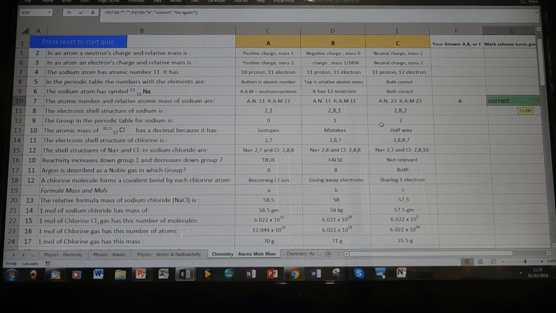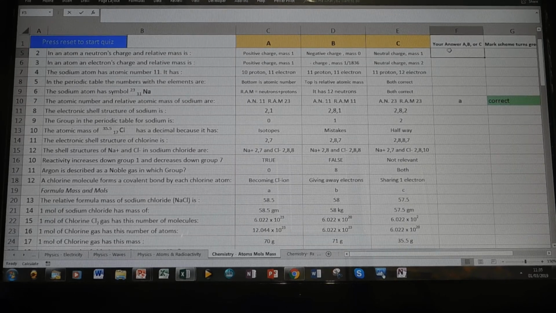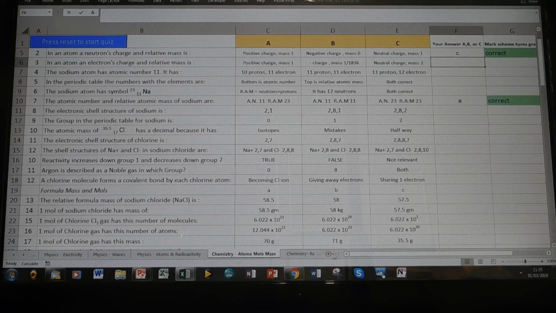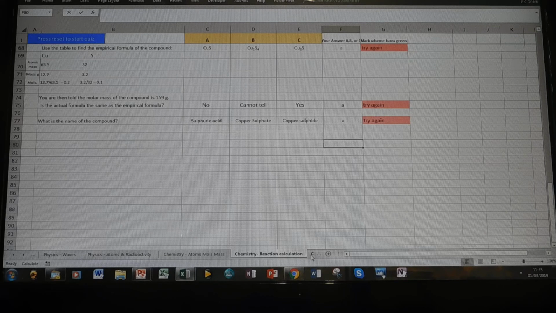Anything that involves a number could be in my spreadsheet, so a neutron's charge and relative mass, and we're obviously going to have neutral charge and mass of 1, so I'm going to put C in there and get the right answer. So it's maths in the widest sense, anything that involves a number.